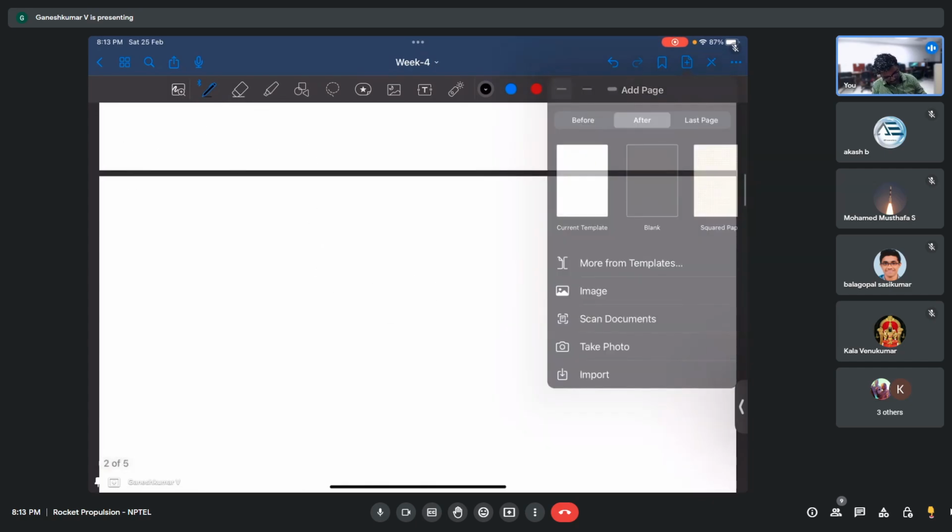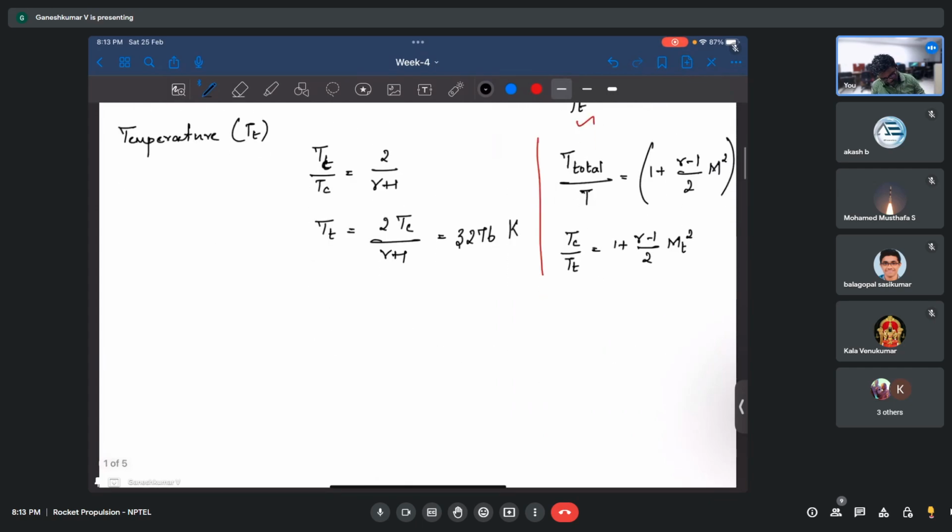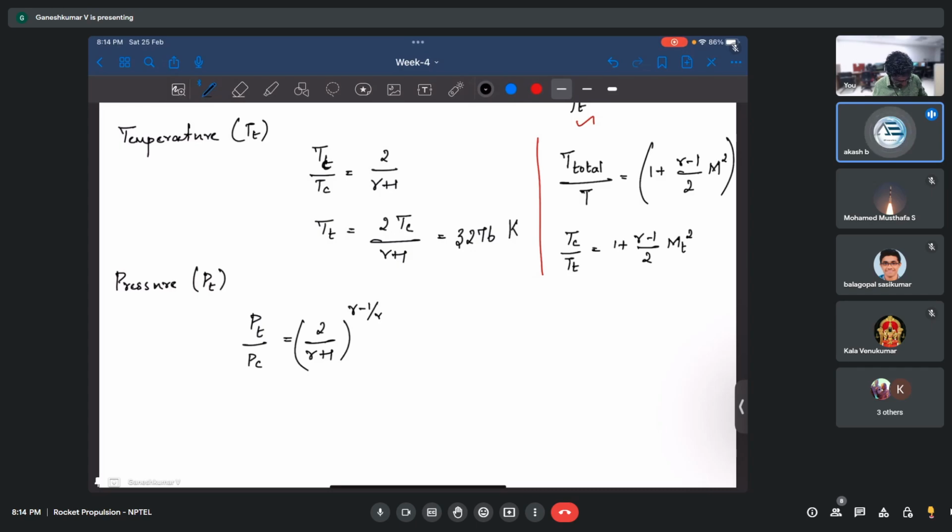How do we find the pressure? With the same relation, 2 by gamma plus 1 raised to gamma minus 1 by gamma. Pt by Pc is equal to 2 by gamma plus 1 raised to gamma minus 1 by gamma, that same isentropic equation.